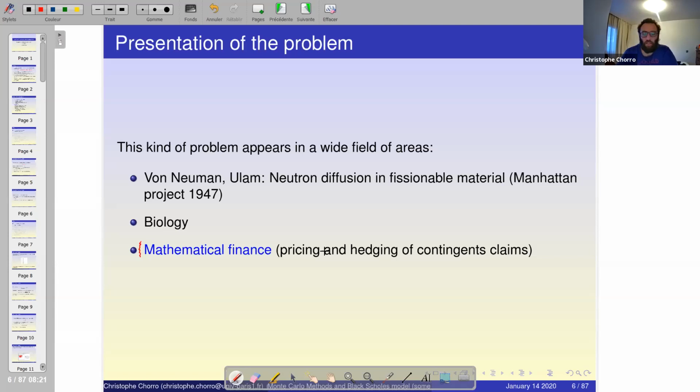But you have other applications in biology, and also the historical application that was to allow the computation of quantities related to the Manhattan Project.